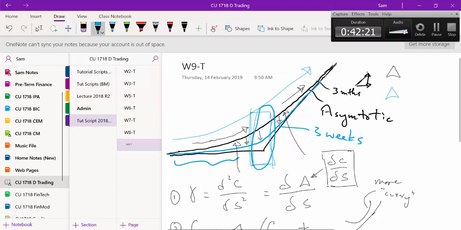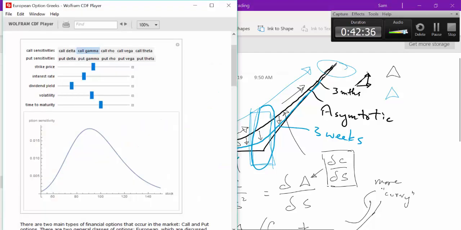Reason number one, out here or here, I have already told you, delta doesn't do a lot. Delta doesn't change a lot. If delta doesn't change a lot, it must mean that gamma is very, very small, because gamma is measuring the rate of change. So a small value here is basically saying to you that delta is not really changing.